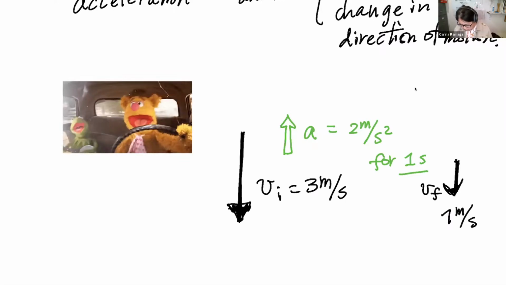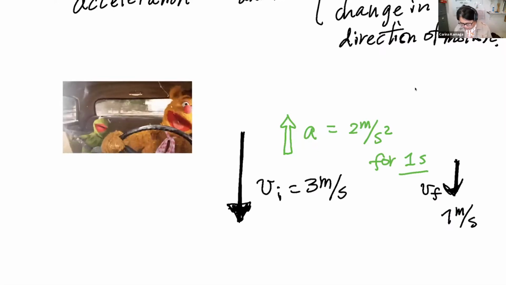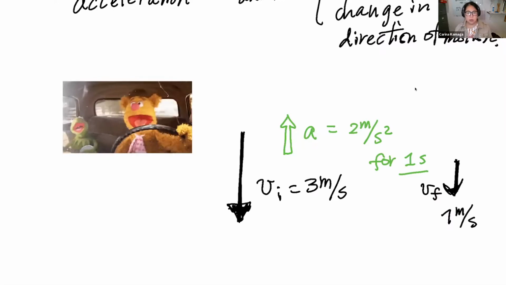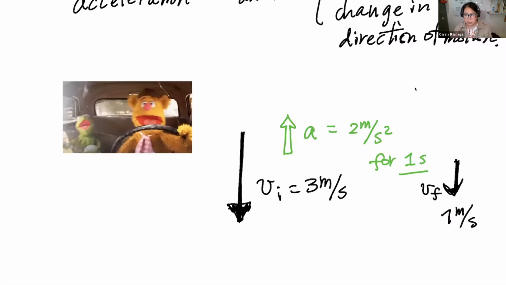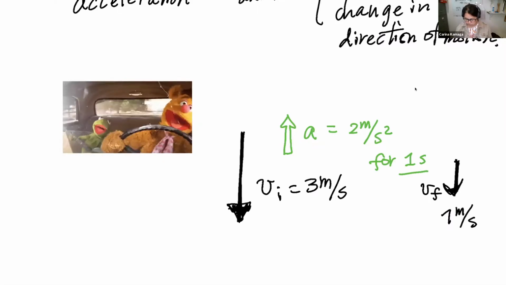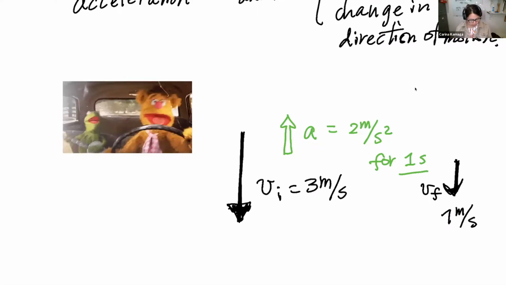So you slow down for 1 second, you press the brake, that gives an acceleration of 2 meters per second squared in a backward direction for 1 second. Then your speed changes from 3 meters per second to 1 meter per second. Initial velocity and final velocity.